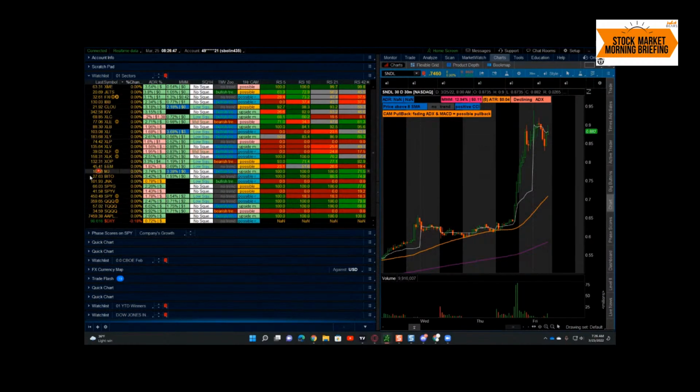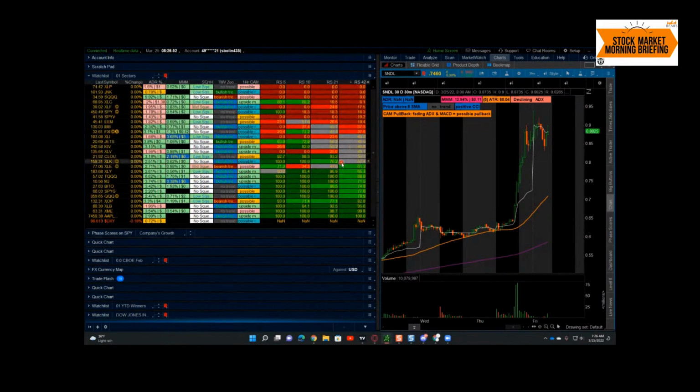We can apply those to the sectors and get an idea of what's been going on over the last 42 days. Now think of 42 days as 2 months. Once you sort those out, you can see how the market has changed, kind of get an idea of what's getting weaker, what's getting stronger.